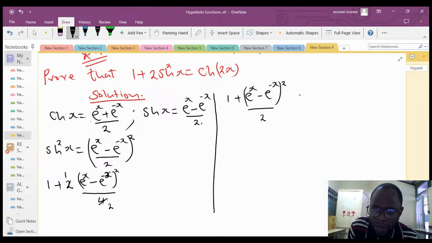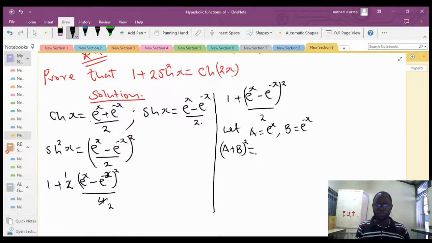So maybe I can let a be equal to exponential x and b be equal to exponential negative x. Then what will a plus b squared be equal to? Good.